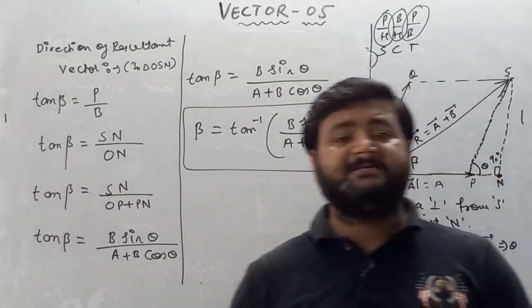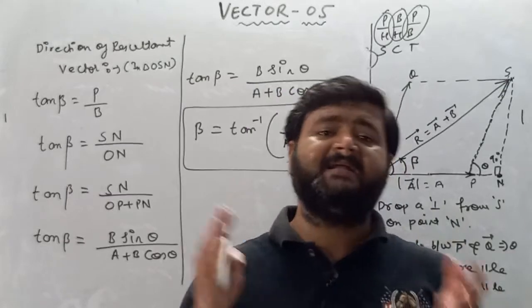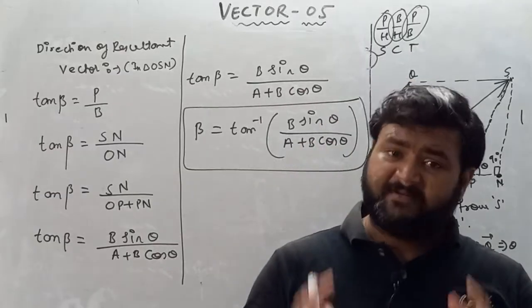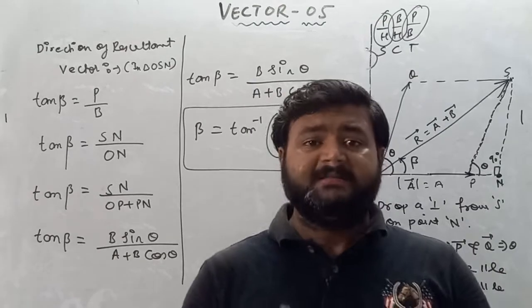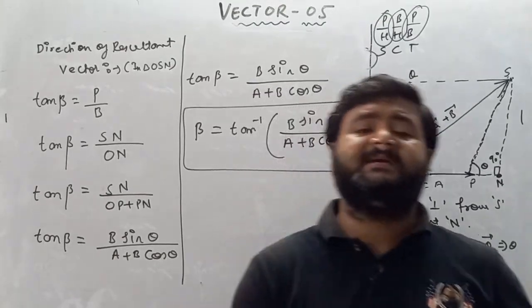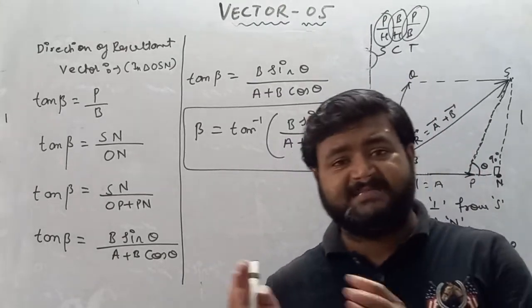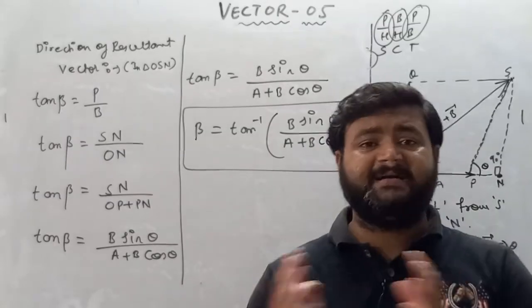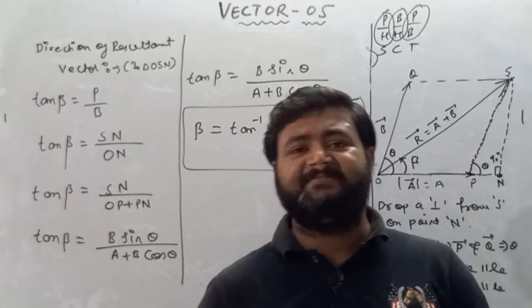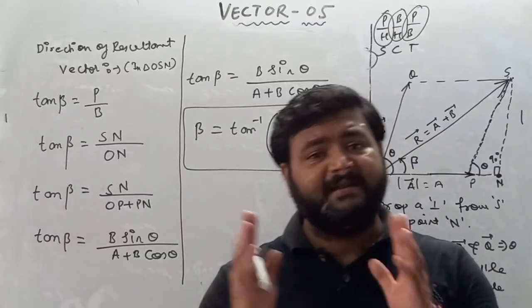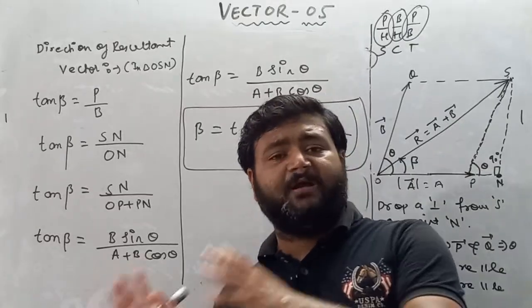Remember one thing, my dear student, either the condition is of triangle law or the condition is of parallelogram law, the magnitude of resultant vector on both the conditions remains the same and the direction of resultant vector on both the conditions remains the same, which we already proved.